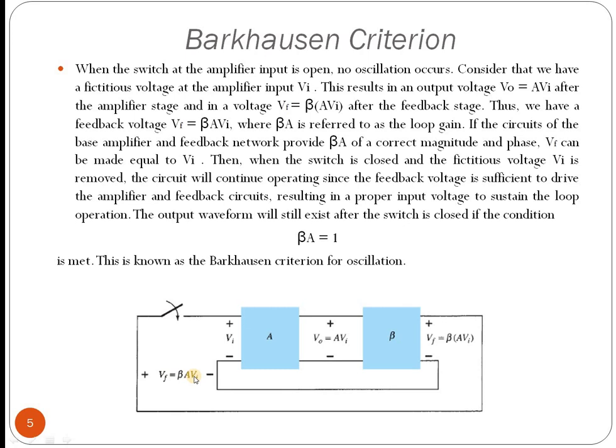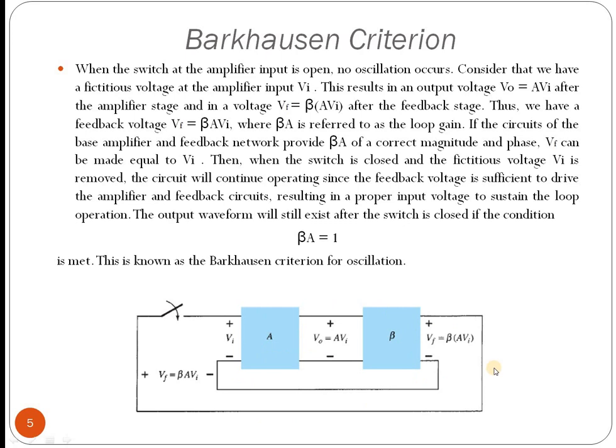So VF equals beta A Vi, and if beta A equals 1, then VF will be equal to Vi. In that case, when the switch is closed and if we remove the Vi, the circuit will continue operating since the feedback voltage is sufficient to drive the amplifier and feedback circuits.